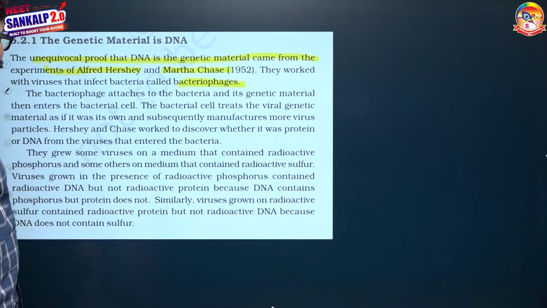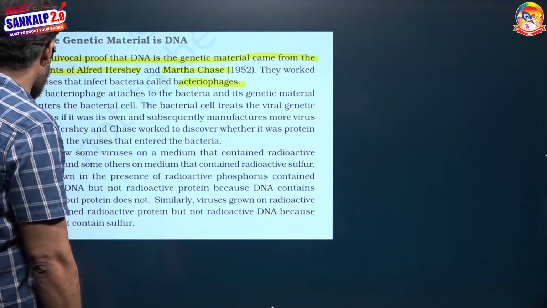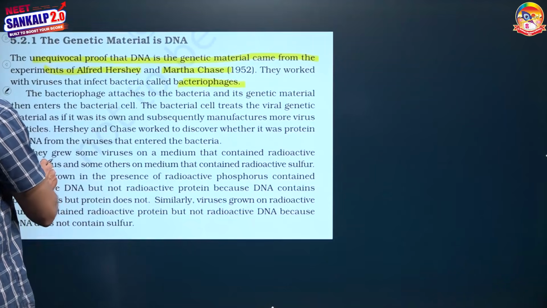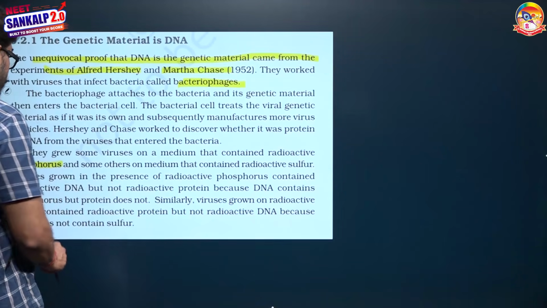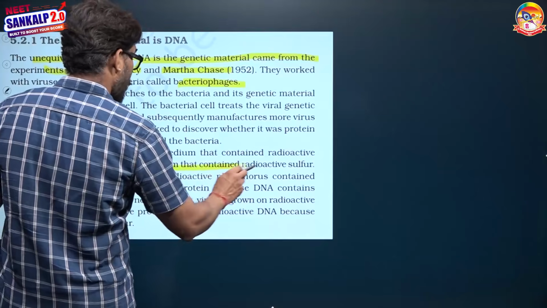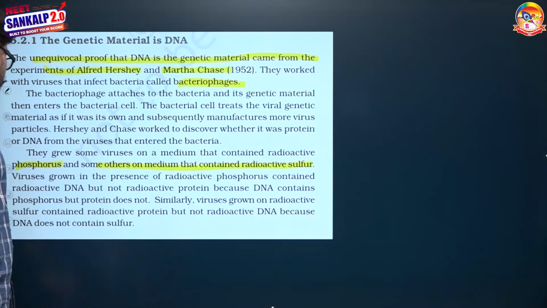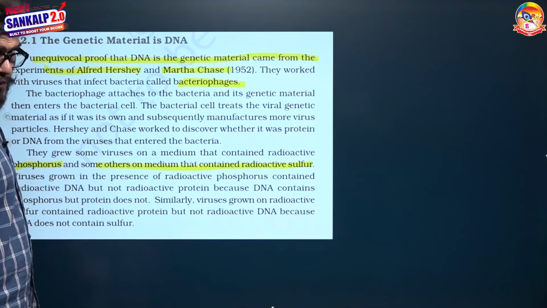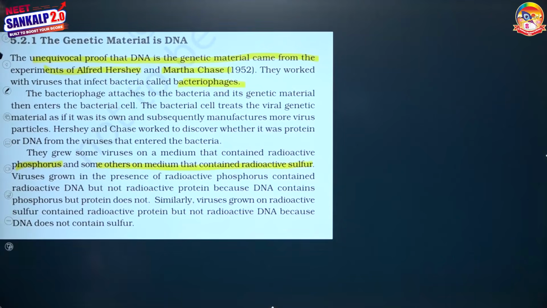They grew some viruses on a medium that contained radioactive phosphorus, P32, and some others on radioactive sulfur medium. Viruses grown in the presence of radioactive phosphorus contained radioactive DNA because phosphorus is part of DNA, and those grown on radioactive sulfur had radioactive protein because DNA does not have sulfur but proteins may have sulfur.